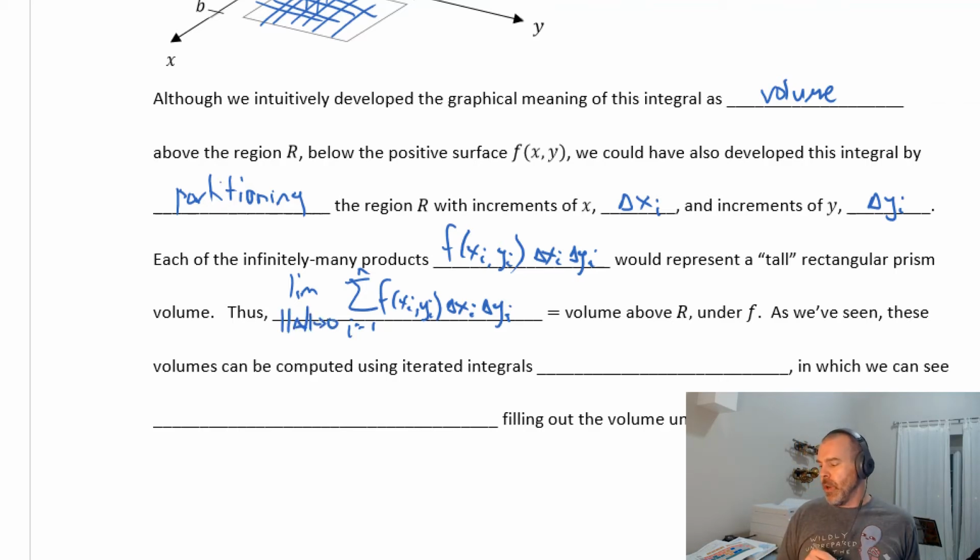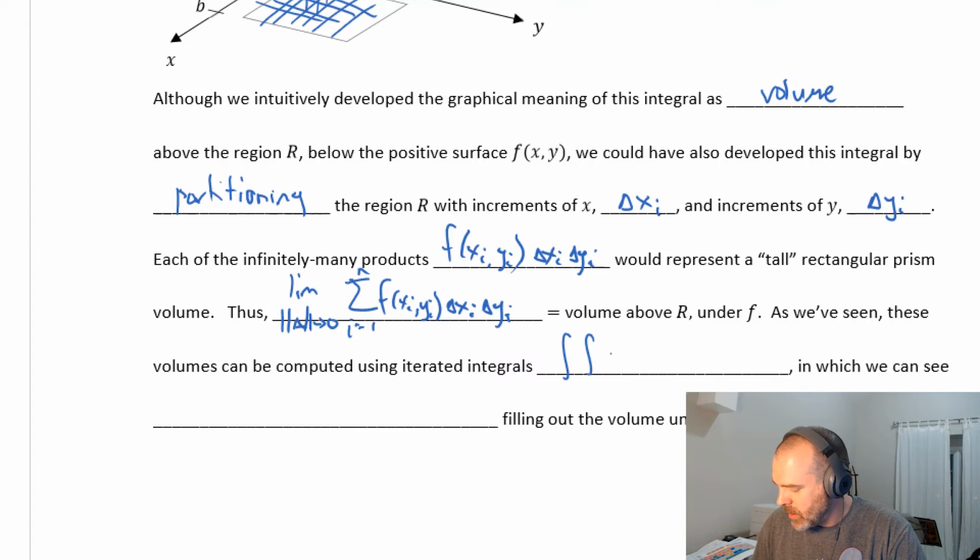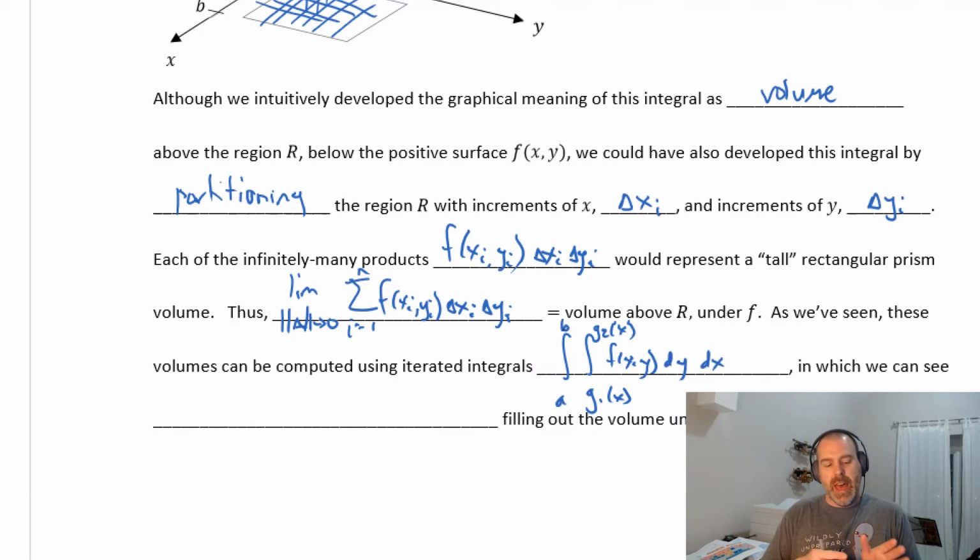The limit as that goes to 0, what we would get then is the volume of the whole thing. And so we've seen that volumes here can be computed as iterated integrals, where we integrate some function f of x y. If we integrate dy first, it's from some function of x on the bottom up to some function of x at the top, and then we integrate x from, say, a to b. In which case we see that cross-sectional area, and then we fill that volume under the surface.